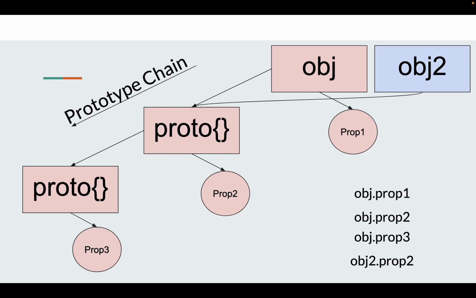We have already seen the object literal syntax for creating objects, but there are a few ways to create objects in JavaScript that allow us to manage what the prototype is. What object will be the prototype of the object that I'm creating, so I can get access to its properties and methods. There is also a keyword called class.